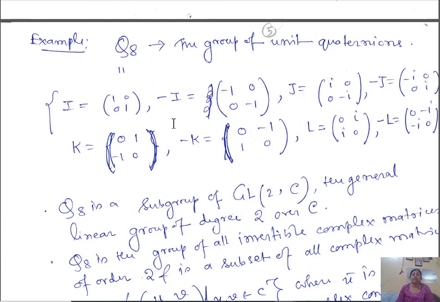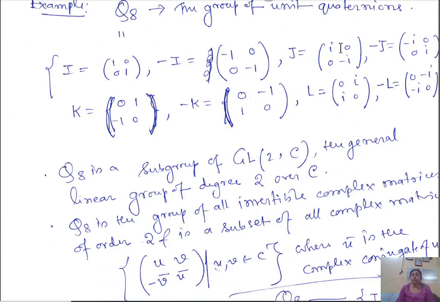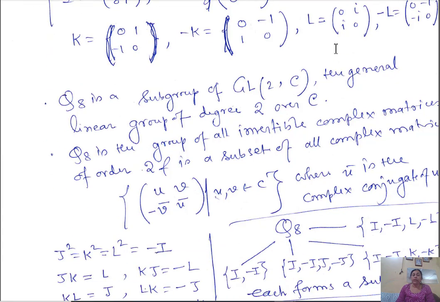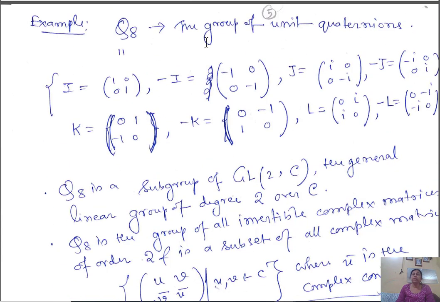Out of them, I am considering only a subset consisting of these particular 8 elements. This is Q8, called the group of unit quaternions. Here this actually forms a group, and it is a subgroup of GL2(C), the group of all invertible complex matrices of order 2.